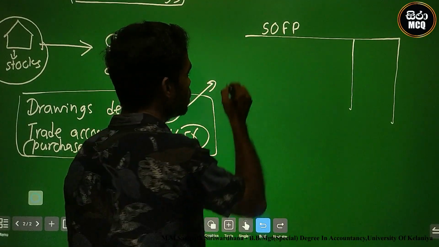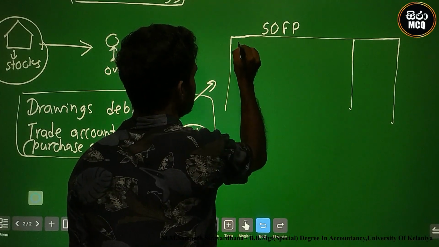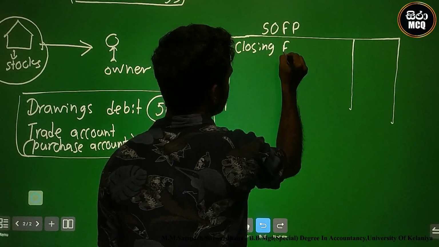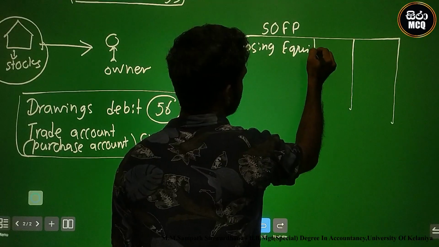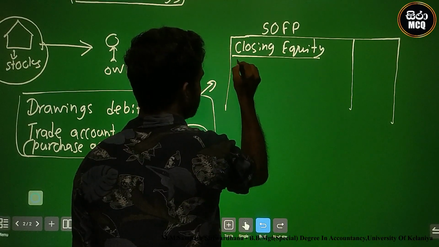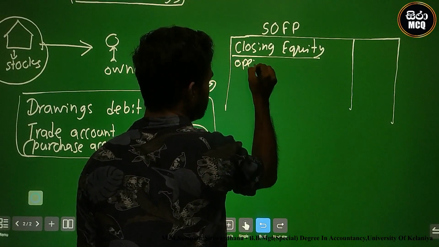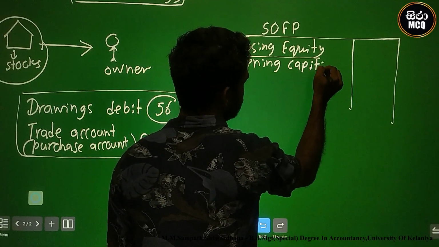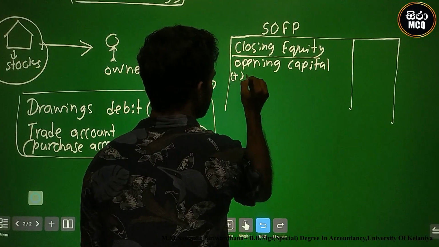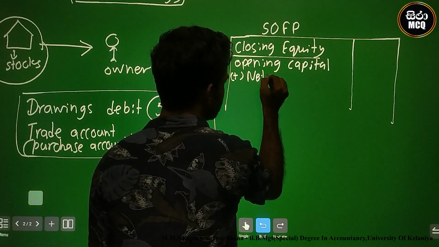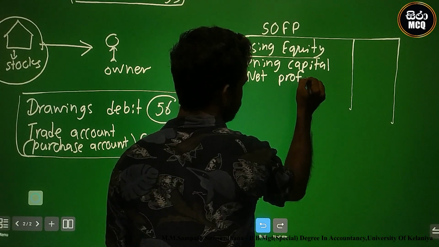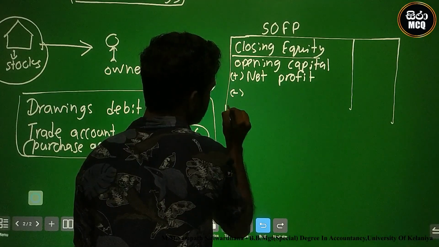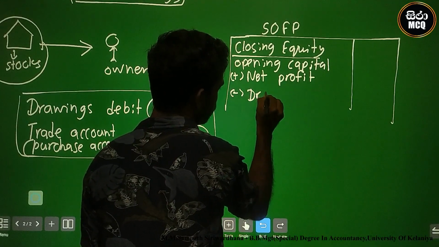This is the closing equity: opening capital plus net profit, minus the deduction of drawings.